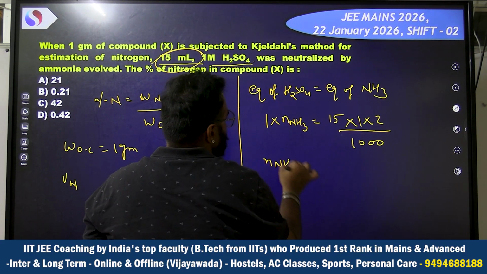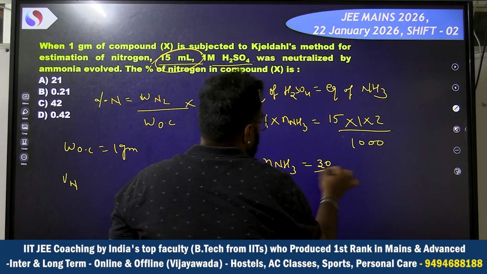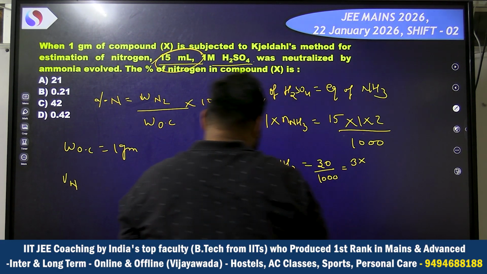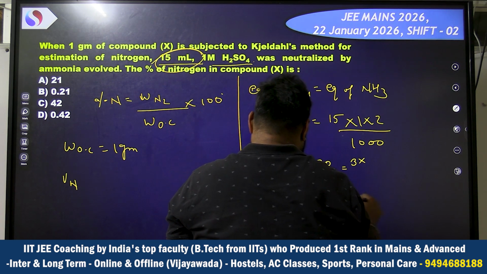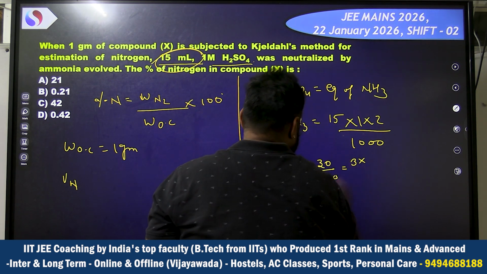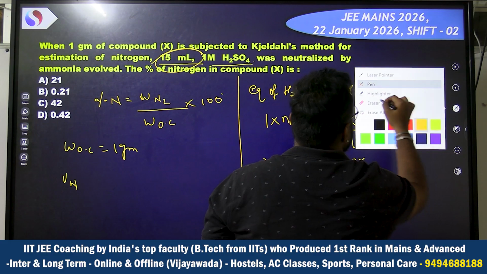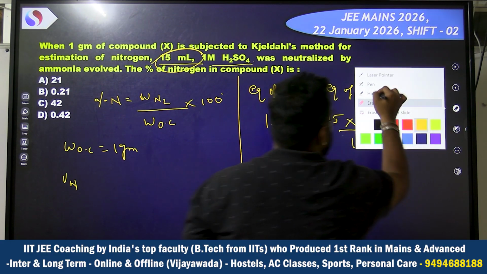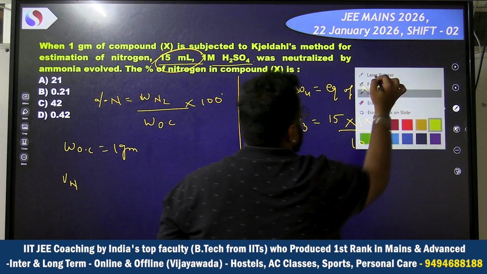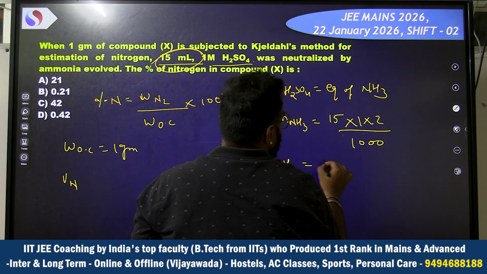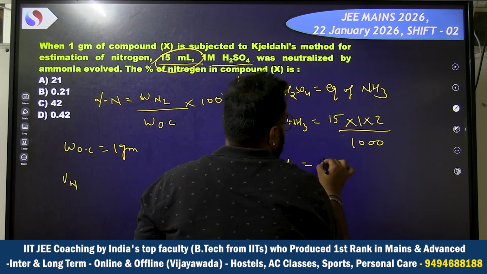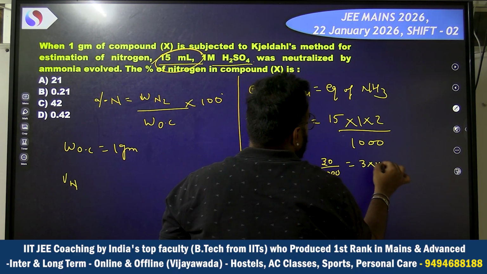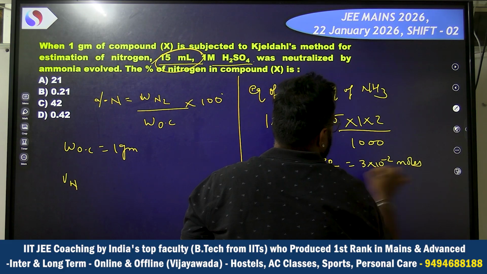The number of moles of ammonia will be 30 by 1000, that is 3 into 10 to the power minus 2 moles.